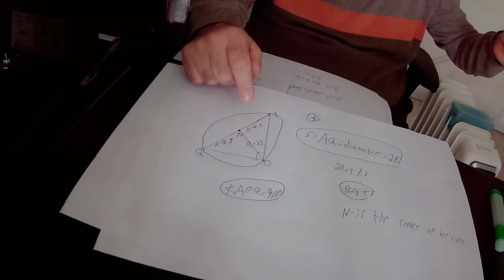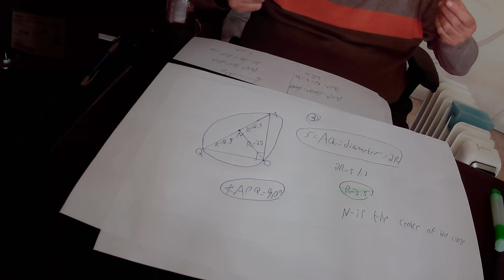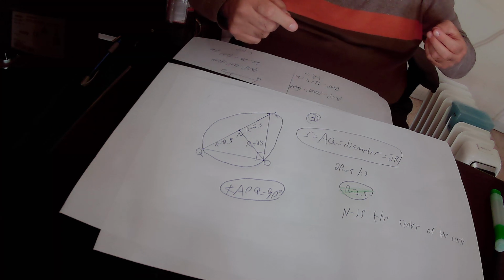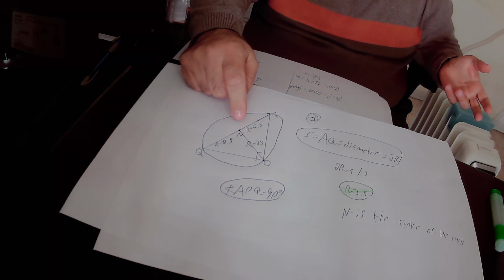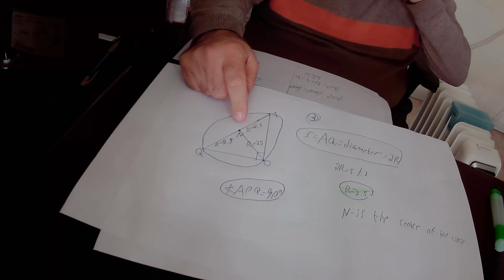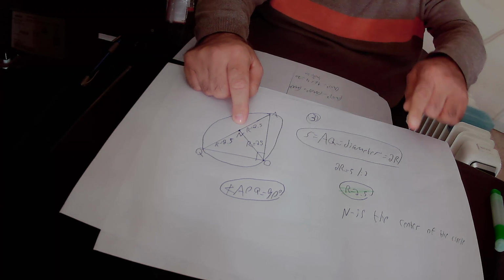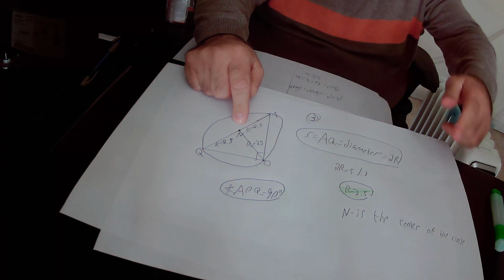Very simple: if you have the diameter of any circle, then the touching point between the two radii must be the center of the circle. That is to say, point N is the center of the circle.